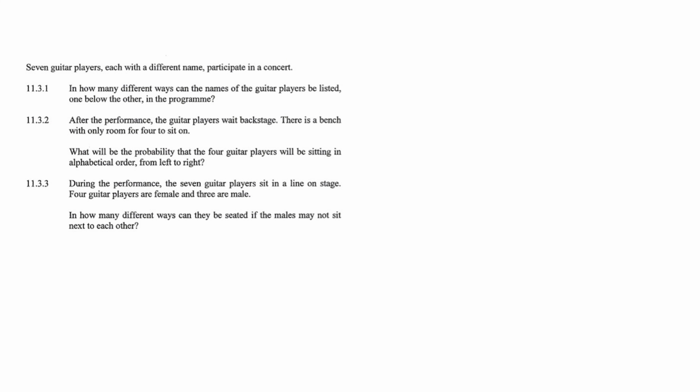11.3.2. After the performance, the guitar players wait backstage. There is a bench with only room for 4 to sit on. What will be the probability that the 4 guitar players will be sitting in alphabetical order from left to right? For this question, we have a bench with 4 seats, and in the first seat we can have 7 different people.